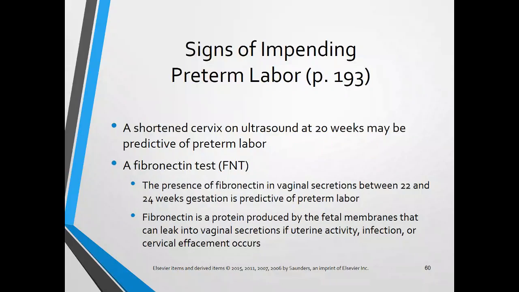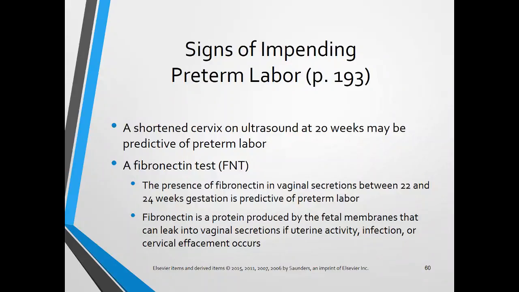So signs of impending preterm labor: a shortened cervix by ultrasound. Also, something called a fetal fibronectin test, and that is the presence of fetal fibronectin in vaginal secretions between 22 and 24-week gestation, which is predictive of preterm labor. But that doesn't mean, so basically they're more likely to go into preterm labor, but it doesn't mean that they're going to.